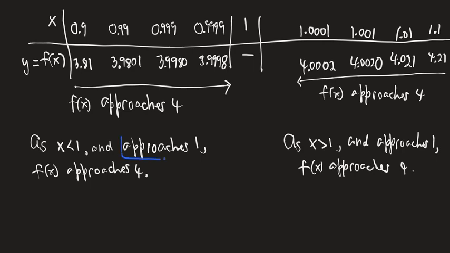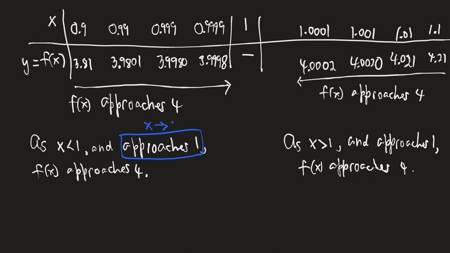If we want to indicate that our x value approaches 1, we would use the right arrow, as far as our independent variable is concerned, to say that it's approaching something.